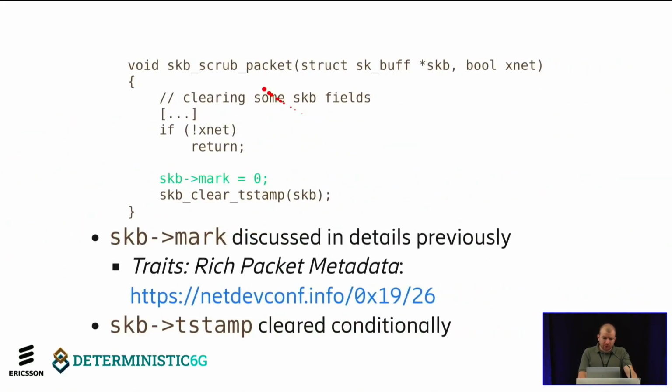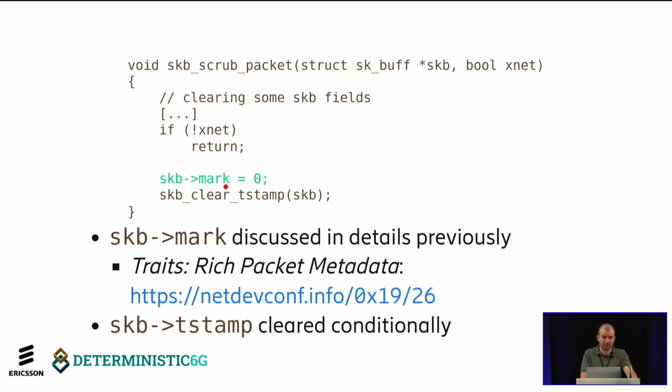Just to show you the simplified version of scrub packet, if there's no namespace crossing, it can leave the mark as is. But if there's namespace crossing, so the packet goes from one network namespace to the other, it also resets the SKB mark.